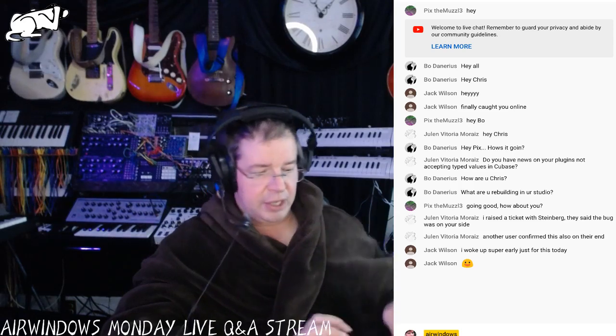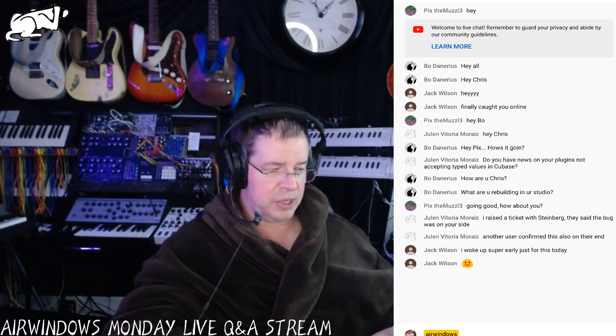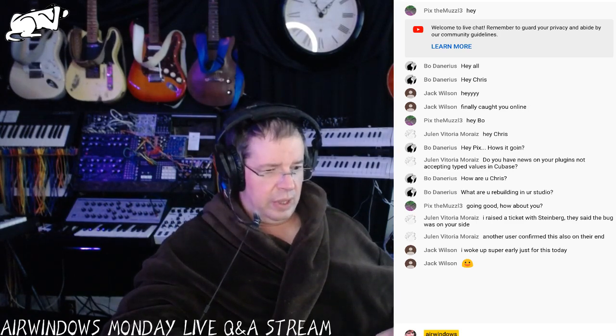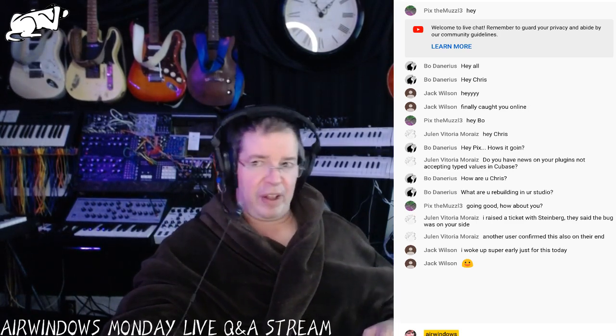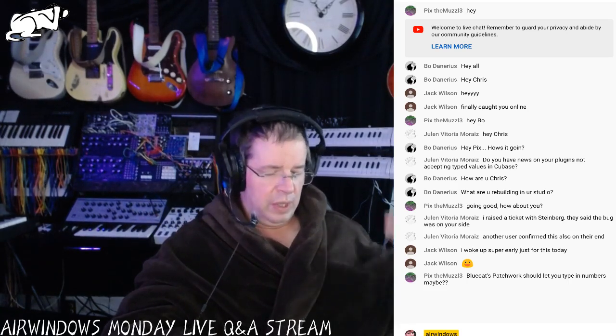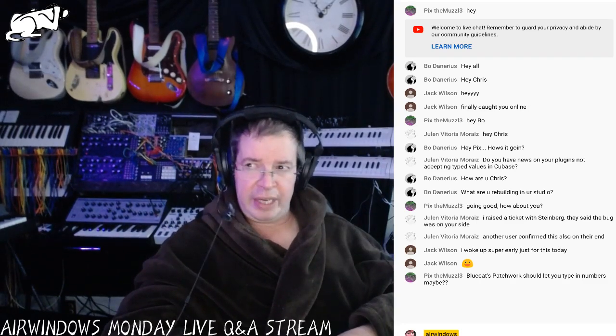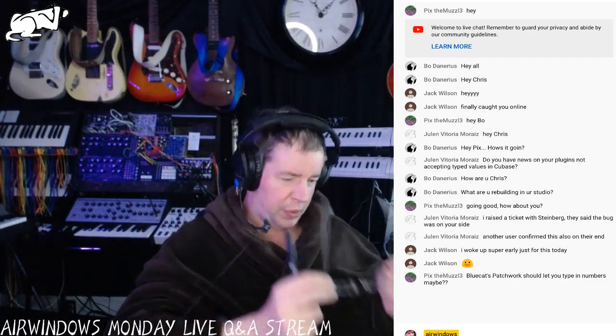As near as I can tell, Cubase is the only one having the problem, and Cubase handles the typing of values. My plugins have nowhere to draw a control. That's not part of what the plugin does.